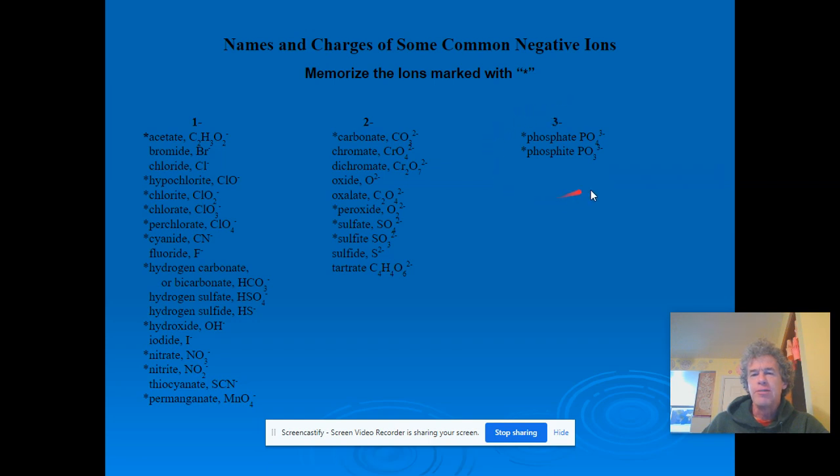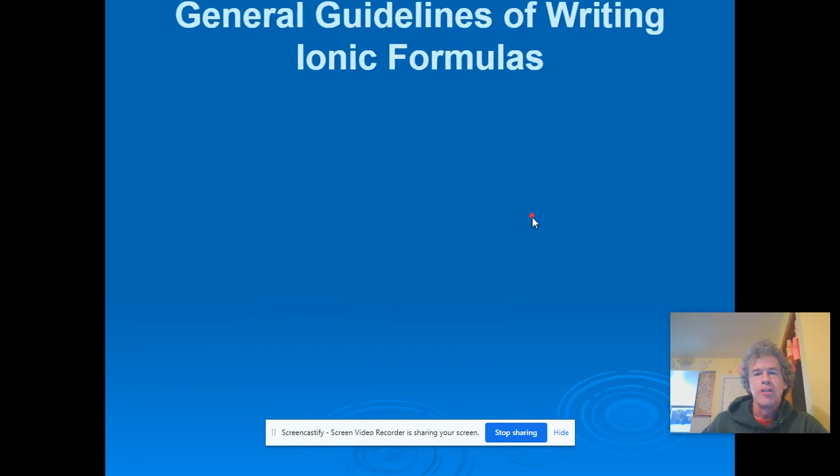Finally, phosphates and phosphites are pretty common: PO4 3 minus and PO3 3 minus. Those are a series of ions that are largely made of multiple atoms. Generally you'll have a cation in an ionic compound combining with an anion to make a compound.